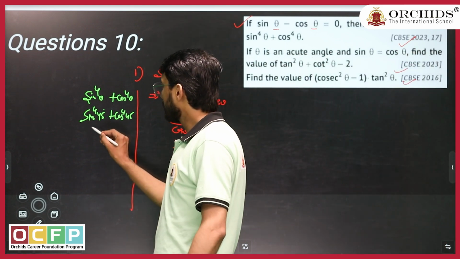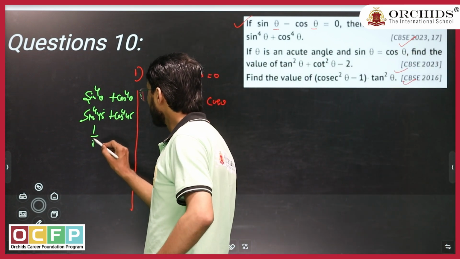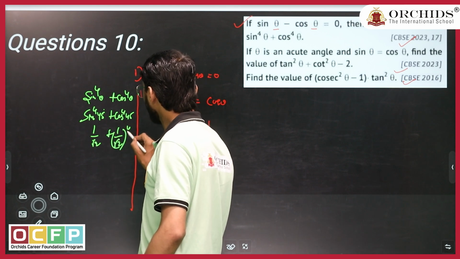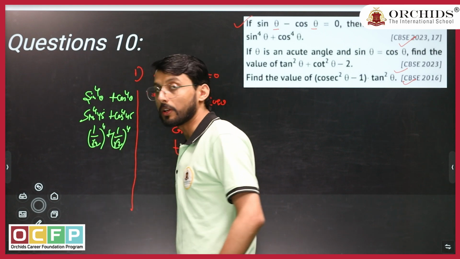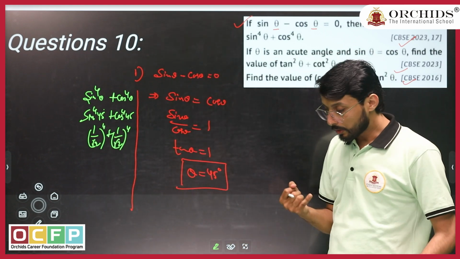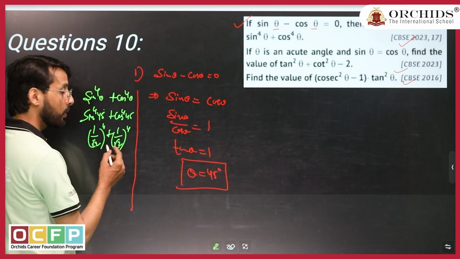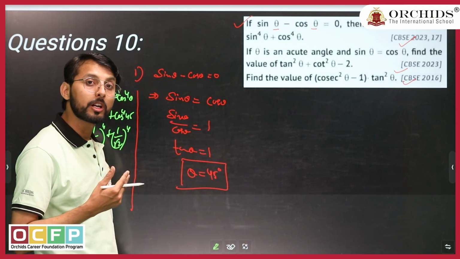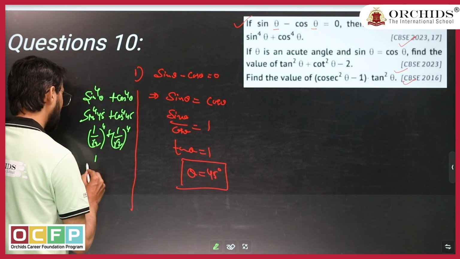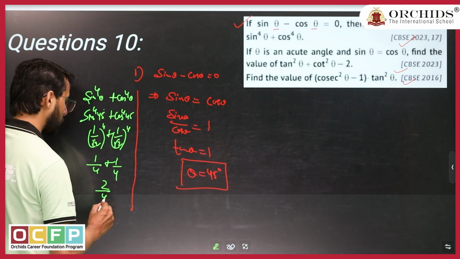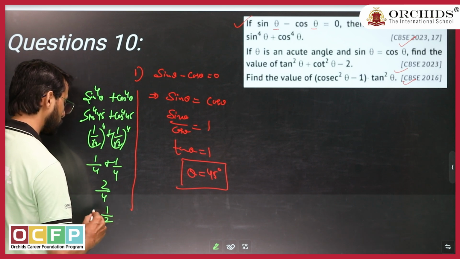So I can write this as (1 by root 2) to the power 4 plus (1 by root 2) to the power 4, both places. Root 2 into root 2 is 2, and root 2 multiplies itself 4 times, so it becomes 1 by 4 plus 1 by 4. If you add, it becomes 2 by 4, and the answer is 1 by 2.